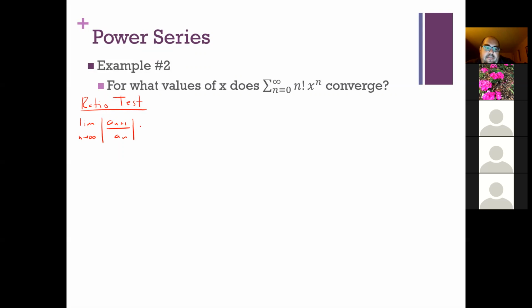So this limit is going to be equal to (n plus 1) factorial times x to the n plus 1, over n factorial times x to the n. So the x's, all you're going to have left is, actually, let's do the factorials first.